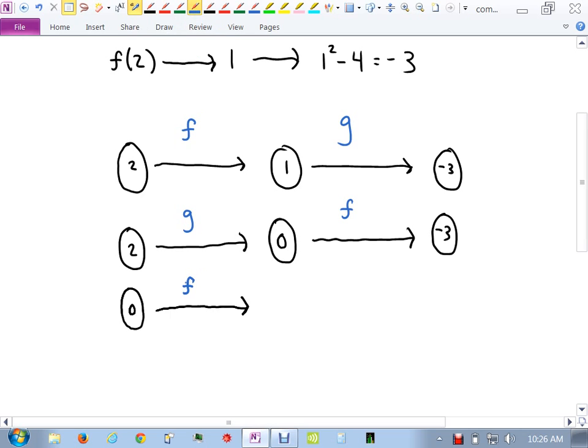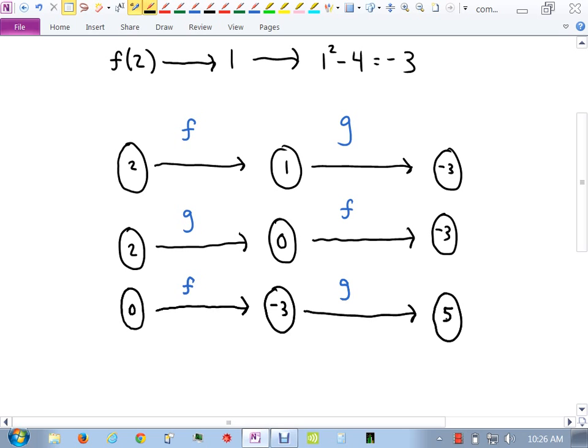What happens if I hand F 0? What do you hand back? You hand back negative 3. Now let's take that and send it through G. So G, what do you do to negative 3? What do you spit back? Is it 5? It's 9, right? You square negative 3, it's 9, and then you take away 4, so you get 5.